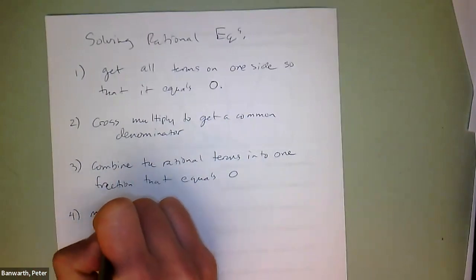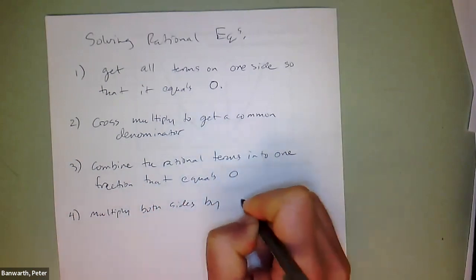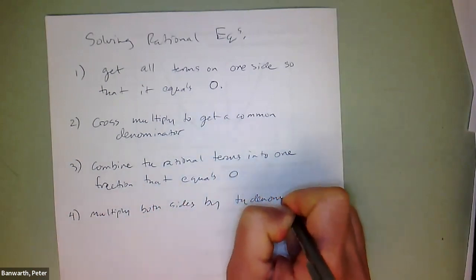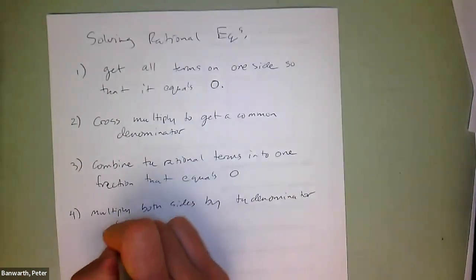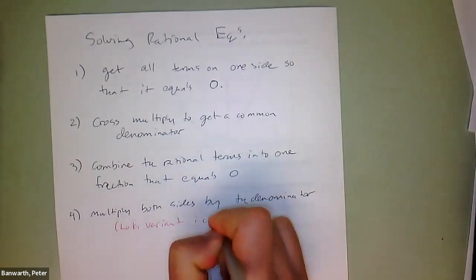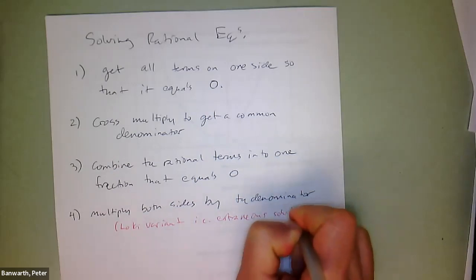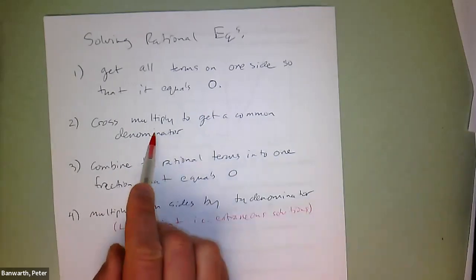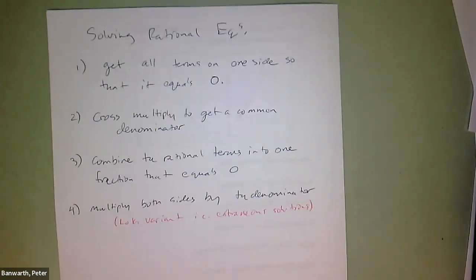Step 4, multiply both sides by the denominator. This is where you can get Loki variant solutions, i.e. extraneous solutions. Earlier I said it was here, that's not quite right, but either way you can get them in the process of solving a rational equation.